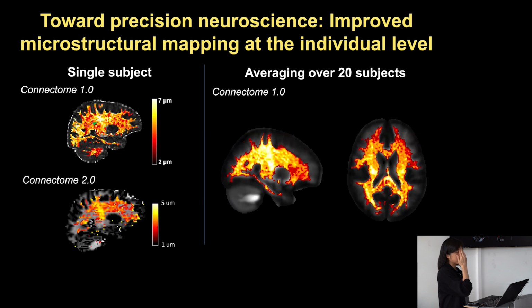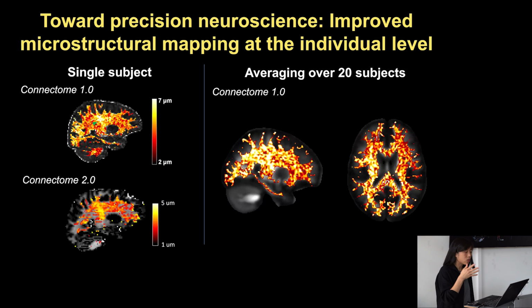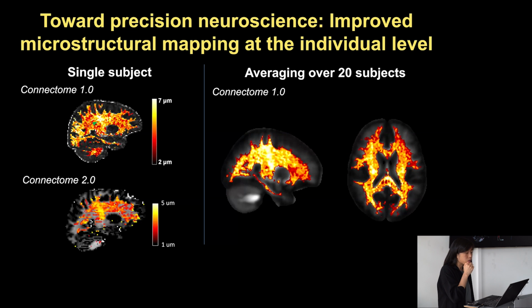And so I think this speaks to the hypothesis we're now pursuing, that we may be able to now map microstructure in individuals, going toward this idea of precision neuroscience, that maybe we can extract information accurately at the individual level, because we know that everyone's brain is structured differently and functions differently. There are these individual variations. So more to come on this.